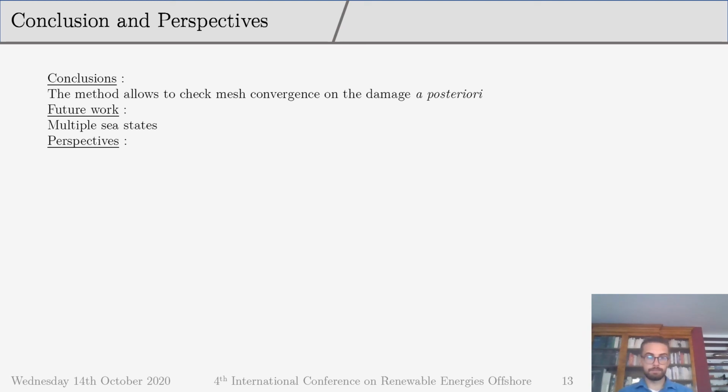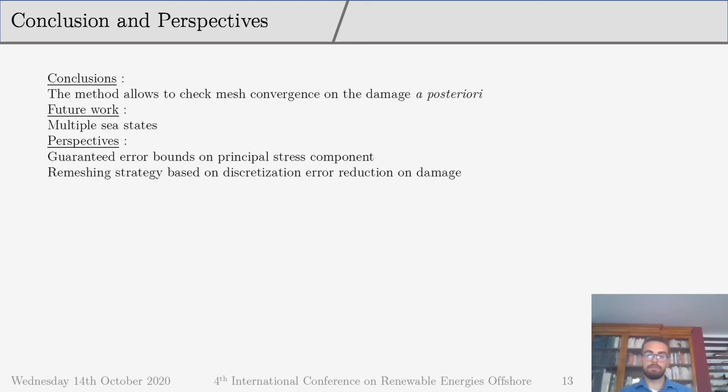The perspective will be to use guaranteed error bounds on the principal stress component, not using a hypothesis to make it linear, and use a different estimation of the error bounds. And finally, we would like to use a remeshing strategy based on discretization error reduction and damage in order to guide remeshing.